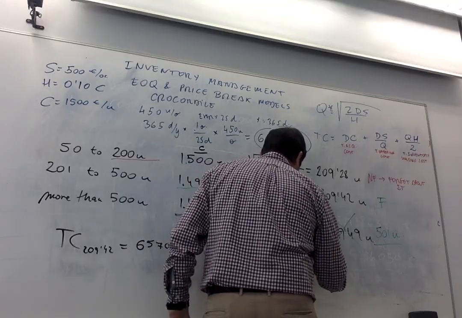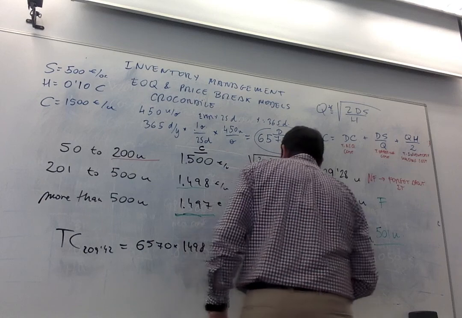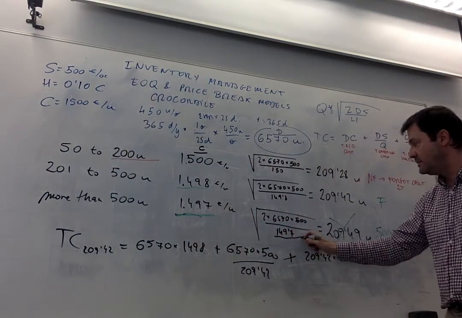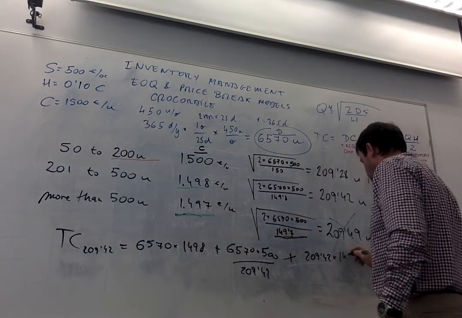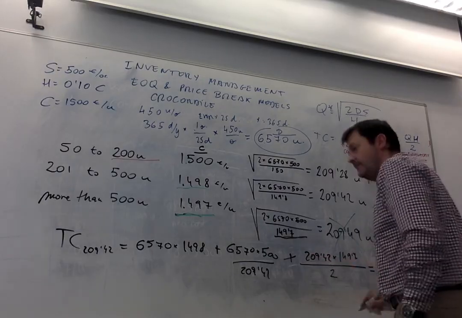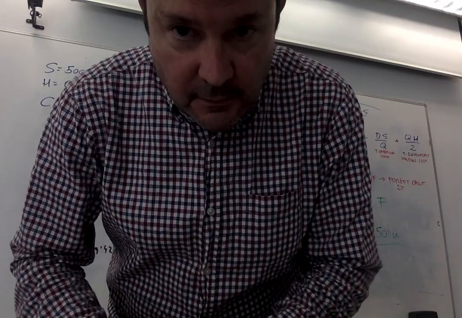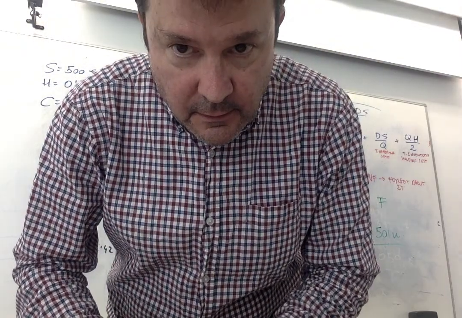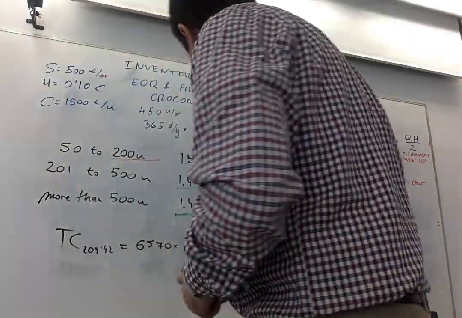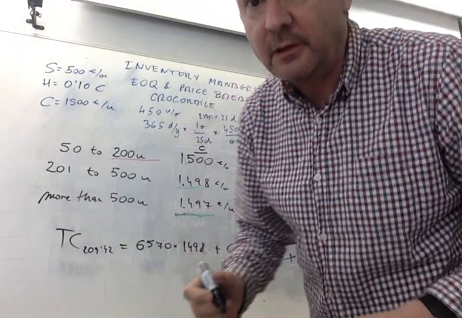And then the order size, 209.42, multiplied by the inventory holding cost, in this case is this, 1497, divided by 2. And the result in here is... I put the total, no widget 3.1.